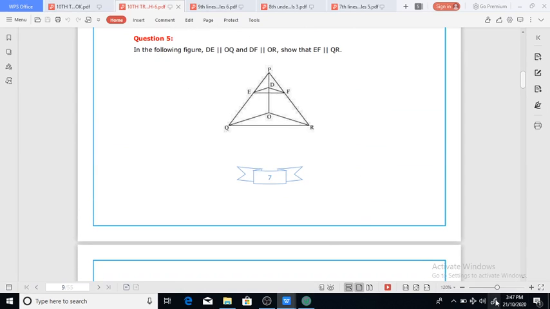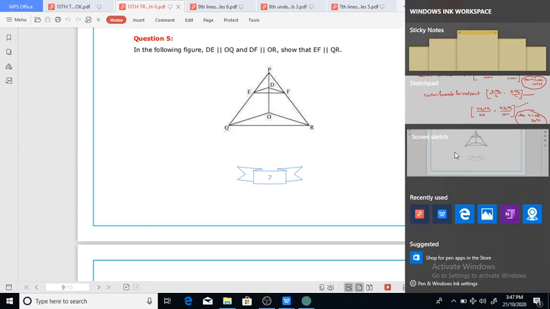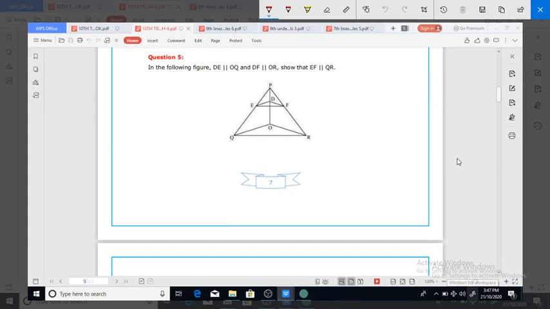Also the same method we are going to follow. DE is parallel to OQ. Just observe that DE is parallel to OQ, which means you have to follow this diagram only.